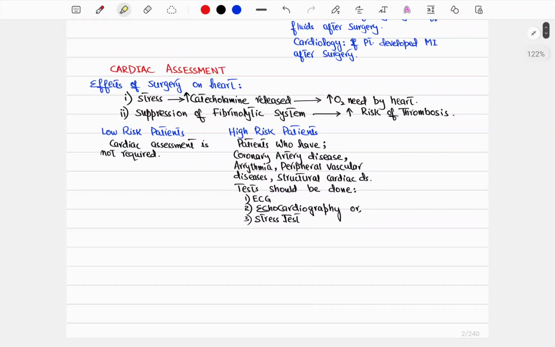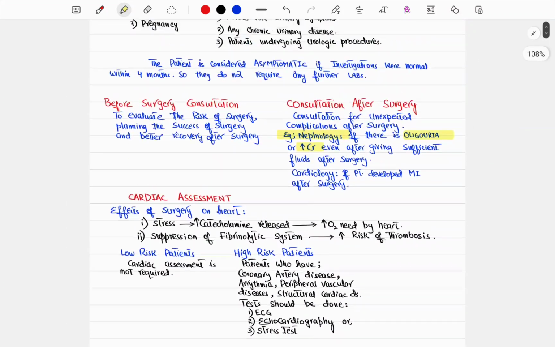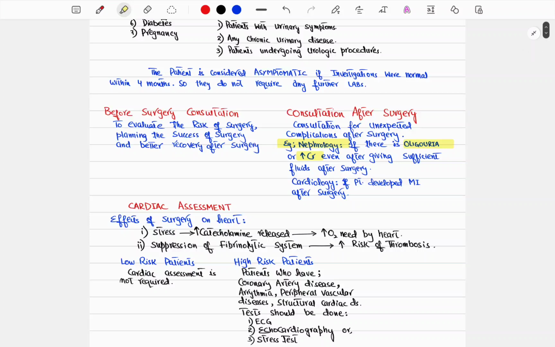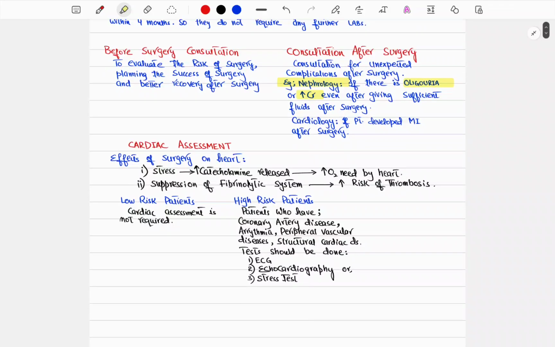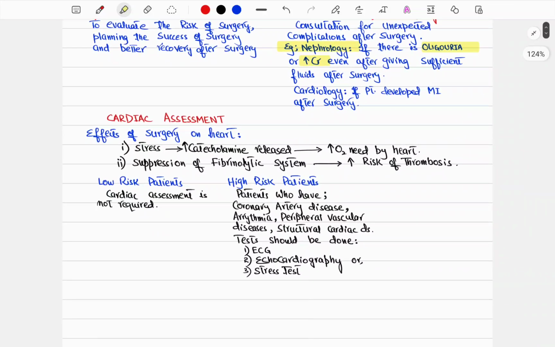Now we have covered up to the cardiac assessment. For the before surgery consultation we have to evaluate the risk, and the after surgery consultation is given to patients who had unexpected complications after the surgery. Now for the cardiac assessment, first we have to know the effects of surgery on the heart of the patient.